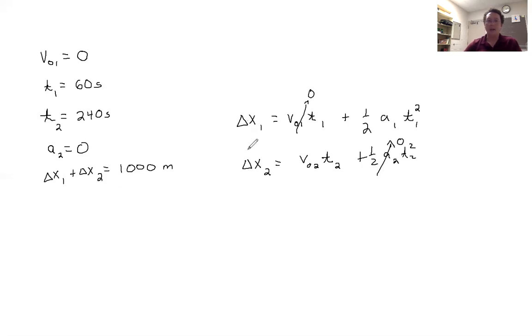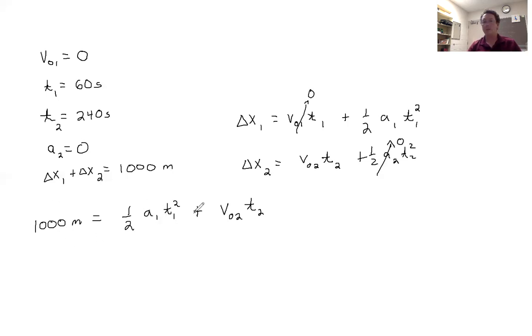So I'm going to add these two together, and I'm going to get that 1,000 meters equals delta x1 plus delta x2. Now, if I look at this, I have an unknown acceleration.